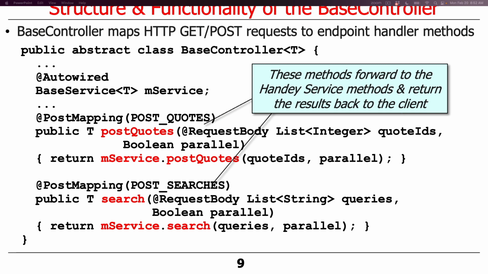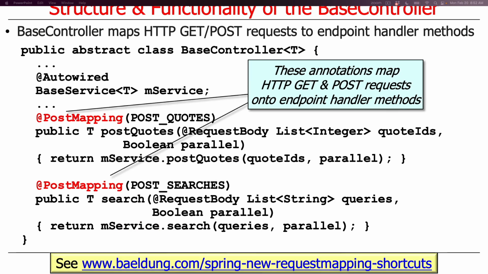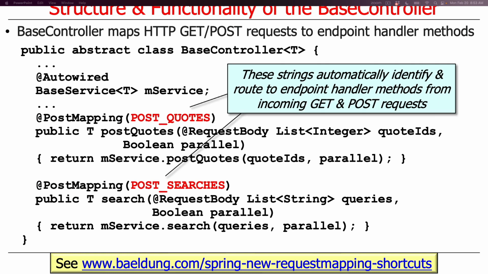Now, there's a couple of interesting things to note here. First of all, you'll note that we have post mappings instead of get mappings. The reason for that is that we're sending the requests over as lists. And because we're going to use a really cool automated proxy generation mechanism called Retrofit, we need to have these passed as post request bodies.